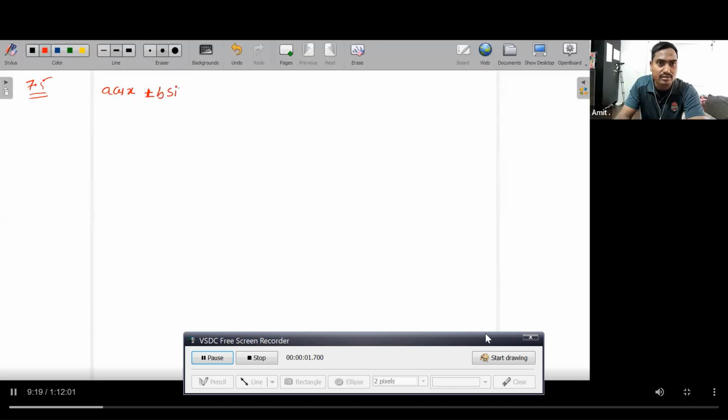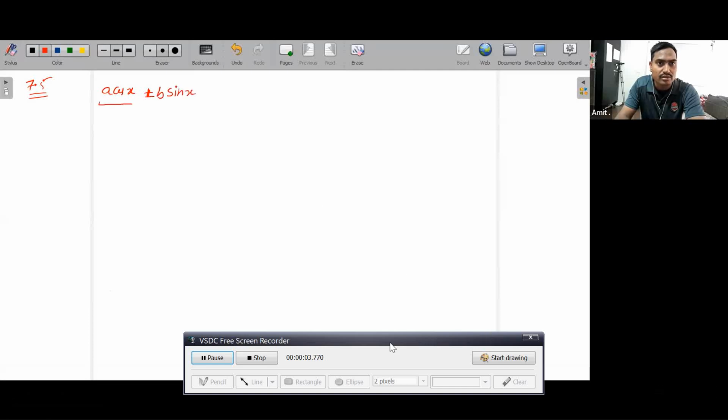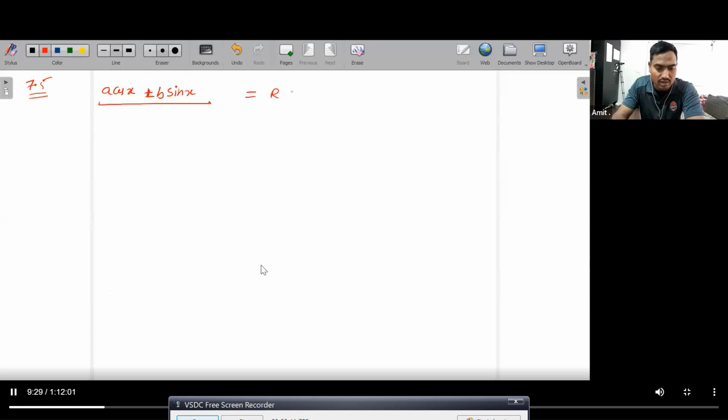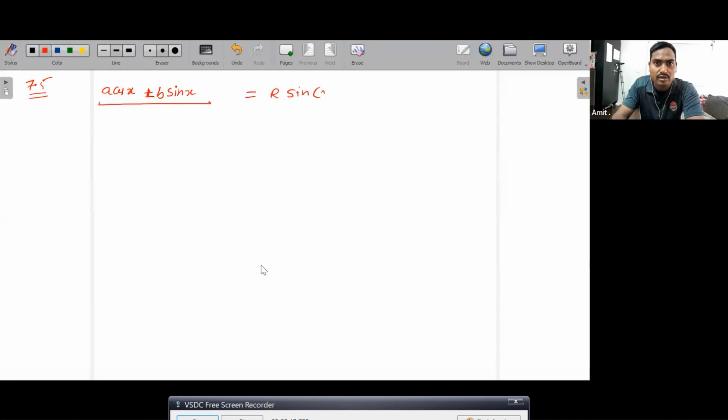minus b sin x. Okay. So now it is to be converted into something like r sin(x plus minus alpha), or we can also convert it into r sin(x plus minus beta).